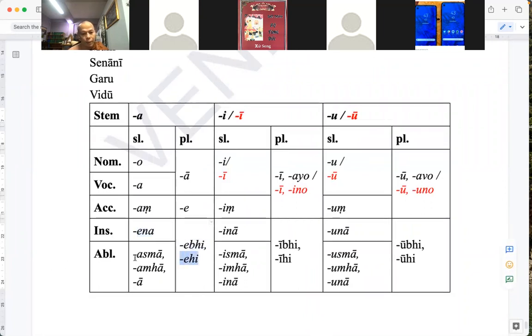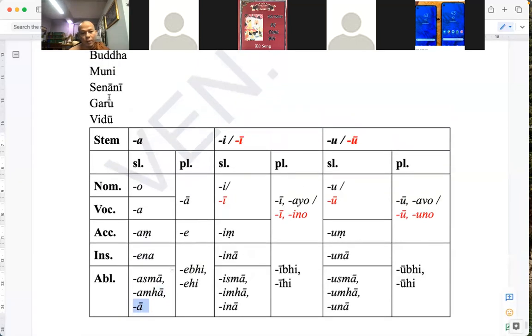For the ablative, Buddhasma, Buddhamha, Buddha. So in this way, we need to practice. So the same way for each term, Muni.